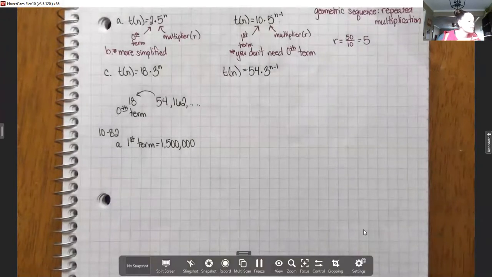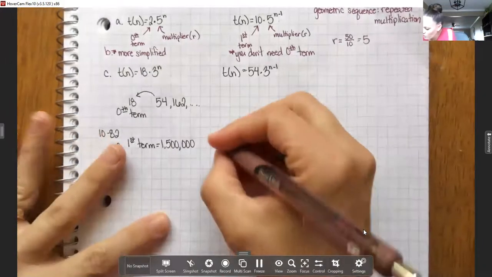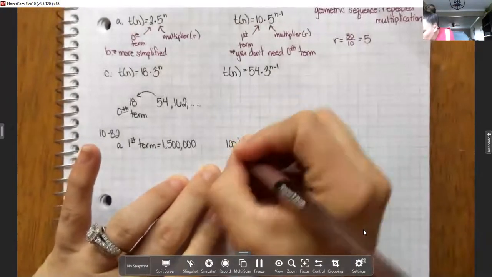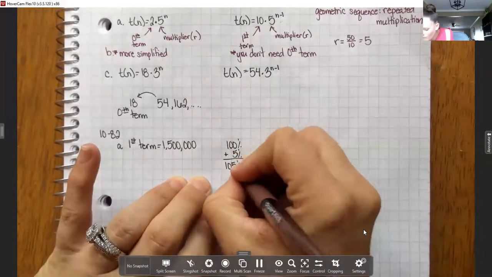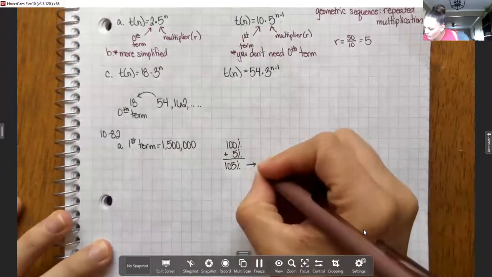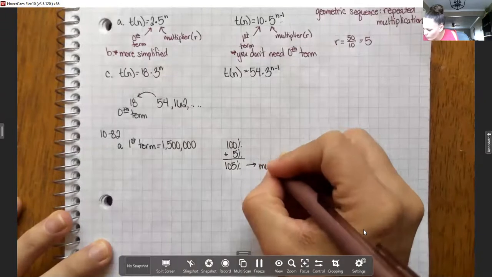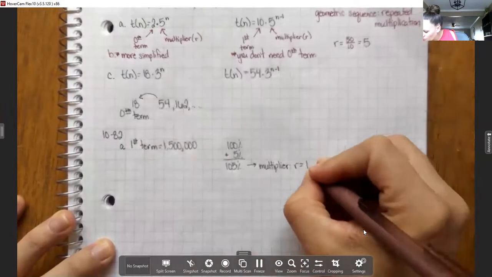And it also says that the lottery commission is going to increase the amount they pay by 5% each year. So he's going to get 100% plus 5%. So basically it's 105% every year, which tells us that our multiplier r is going to be 1.05.